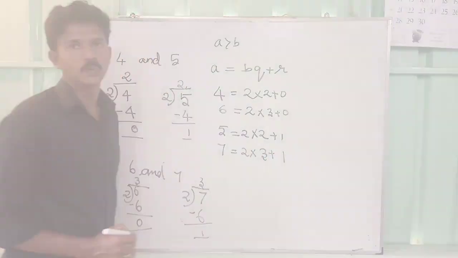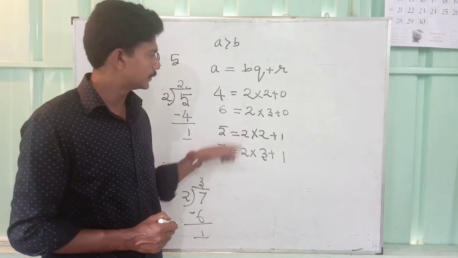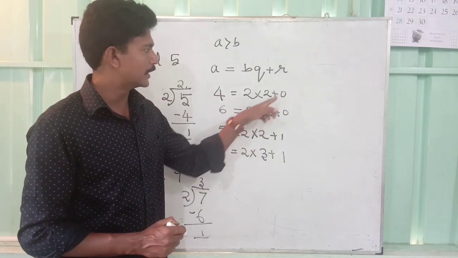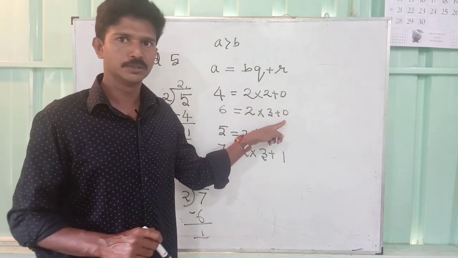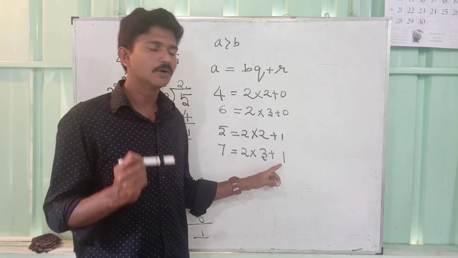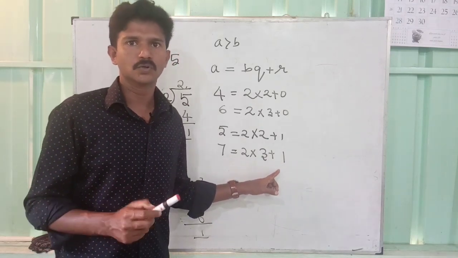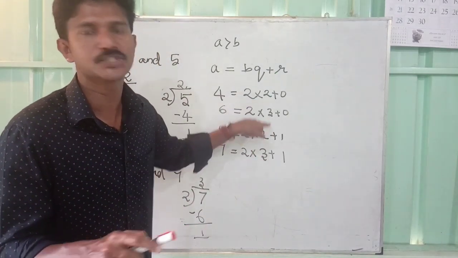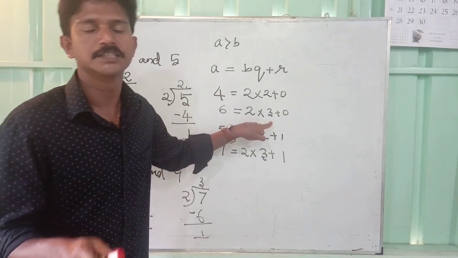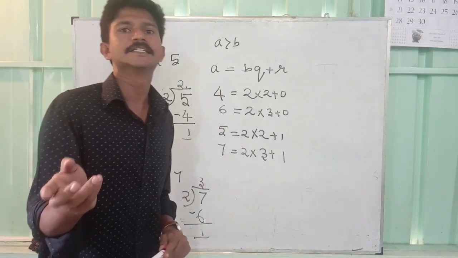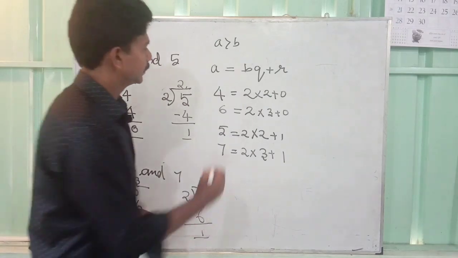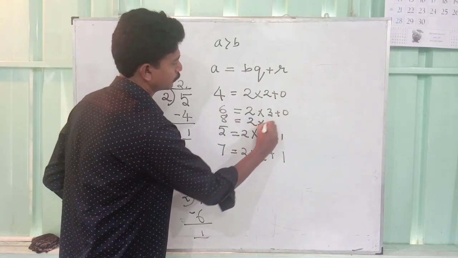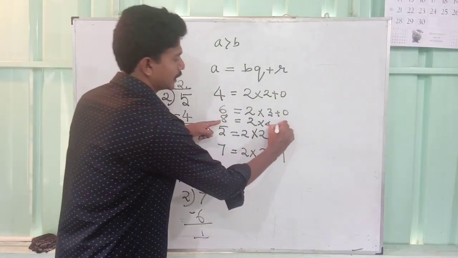If you observe, the divisor here is the same, that is 2, and the remainder for an even number is 0, and the remainder for an odd number is 1. But you see that the quotient is changing: here 2, and here we get 3. If you take another number, for example 8, the next even number, we can write 2 times 4, 2 times 4 is 8 plus 0.